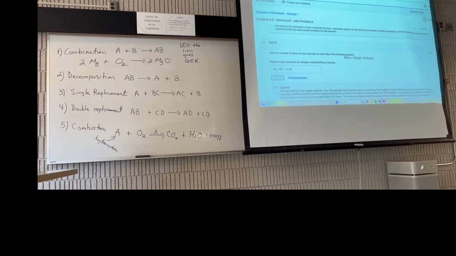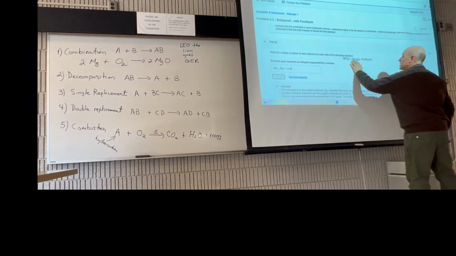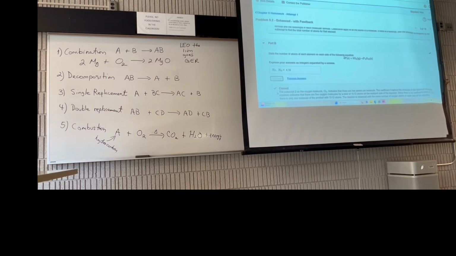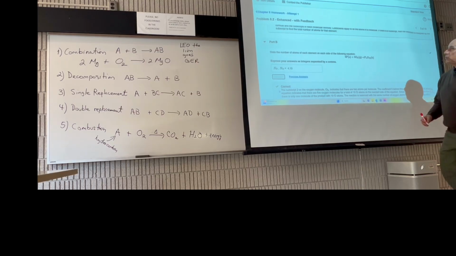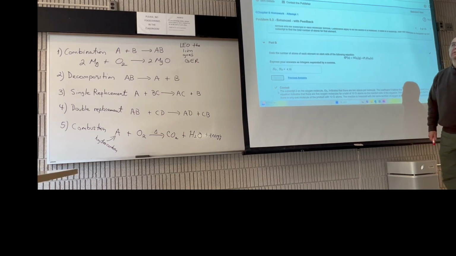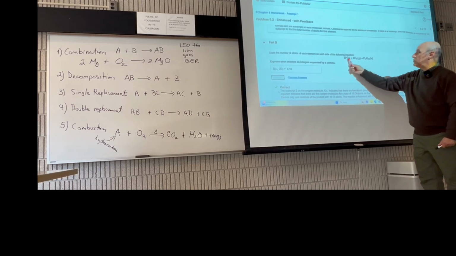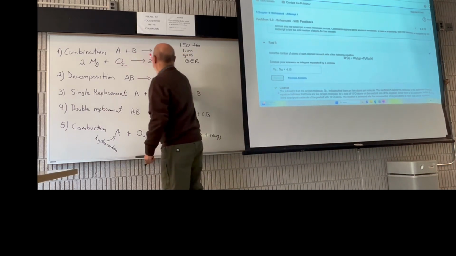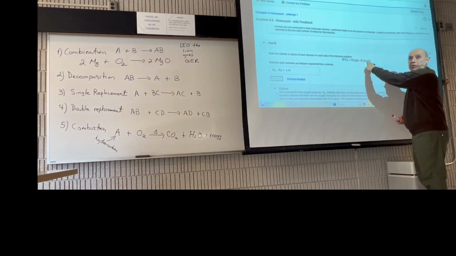Now, once again, before I move on, can you tell me what type of reaction is this of those 5 kinds? Looks like combustion. So you think it looks like? Oh, no, there's no catalyst, sorry. Combination? Looks like a combination. You start with 2 different ones, yielding one combination of the 2.